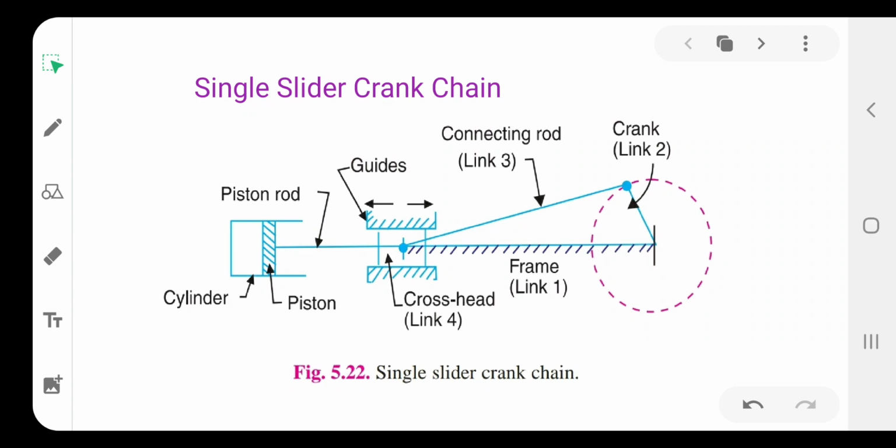Okay, so in this particular single slider crank chain, the crank rotates. This is a crank. The crank rotates clockwise or anti-clockwise.